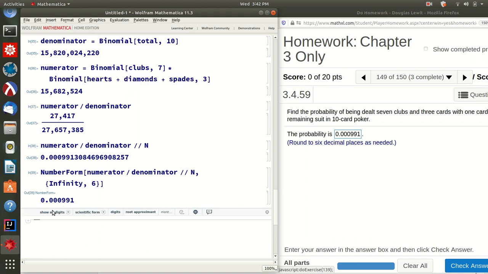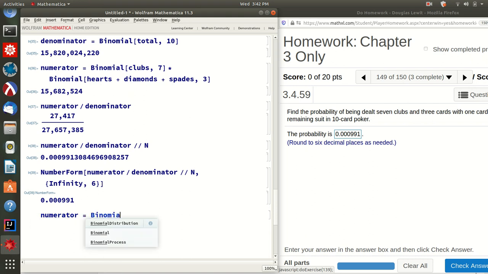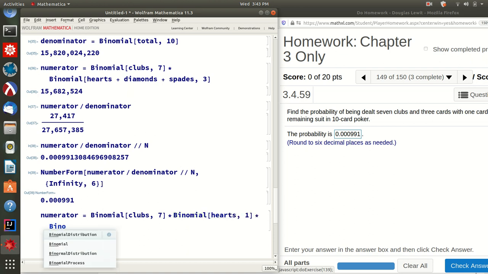Let's do the numerator again. The numerator is equal to binomial, I have 7 clubs, times binomial, I'm supposed to have 1 heart, times binomial, I'm supposed to have 1 diamond, and then binomial, I'm supposed to have 1 spade.